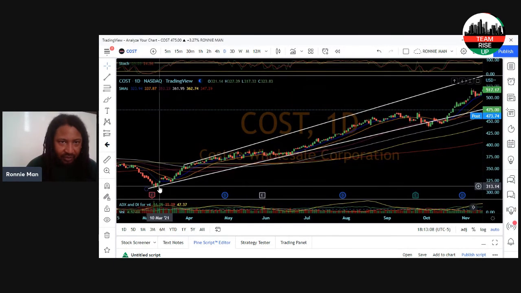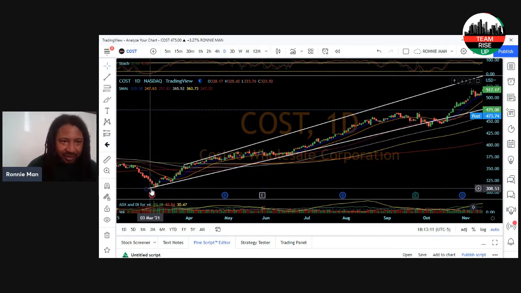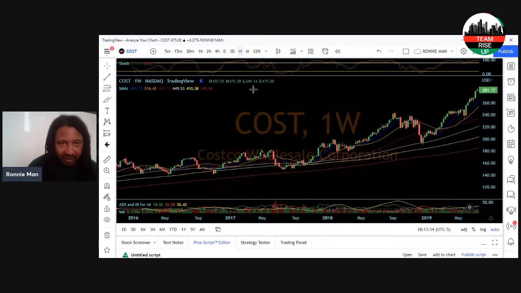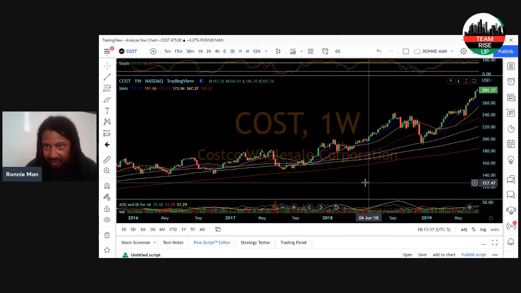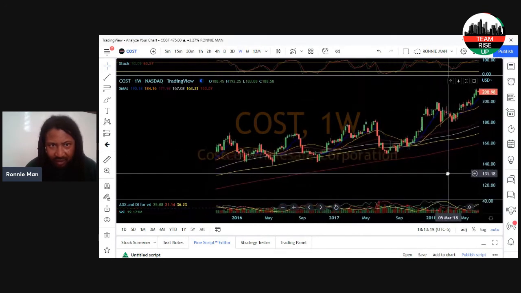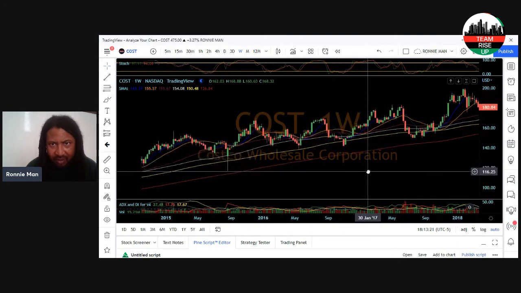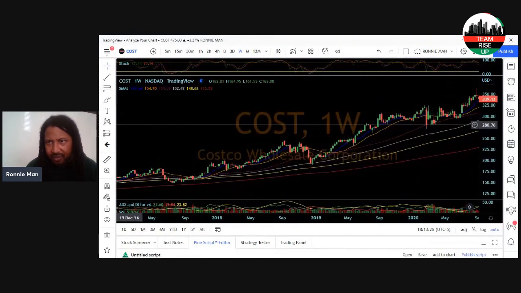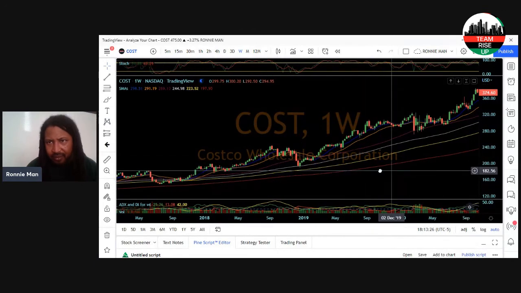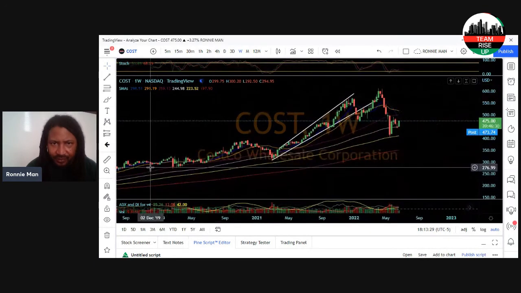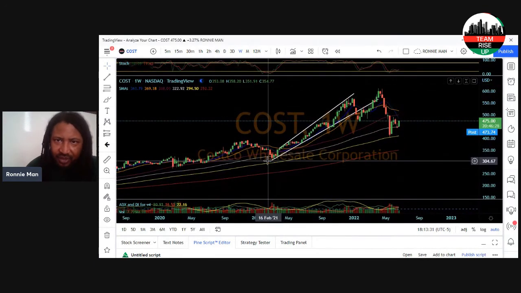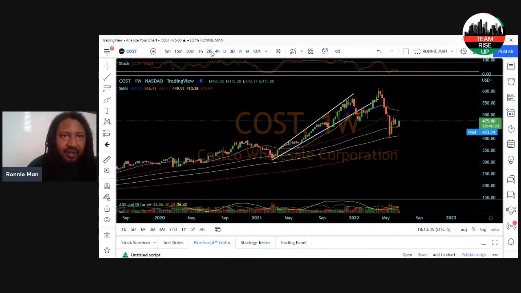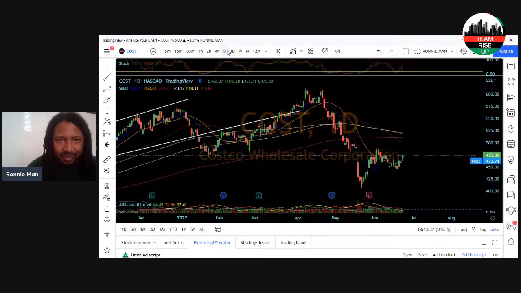Now I'm sure this looks weird right here because I'm sure I used the weekly chart for it. There we go. Yeah, see, I used the weekly chart in order to draw that. Again, let's get back to the dailies. It's a little more accurate.